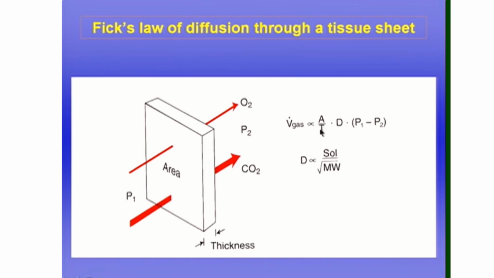And so what this means is that we need as thin a sheet as possible and as large an area as possible. Well, now the blood-gas barrier in the lung, as we've seen, is phenomenally thin in much of its part. It also has a very large area. In fact, the area of the blood-gas barrier in the human lung is about 50 to 100 square meters, an enormous area.